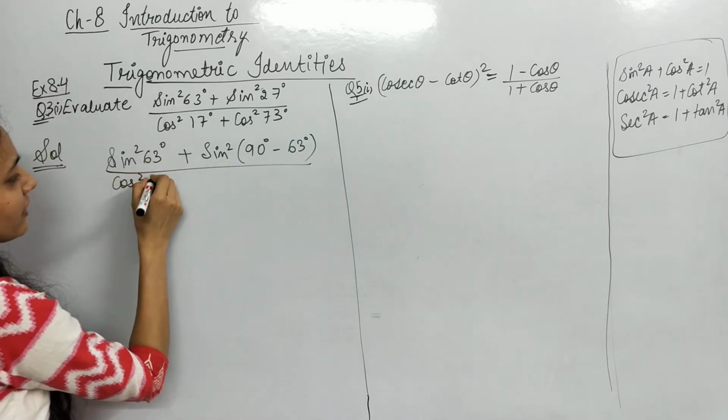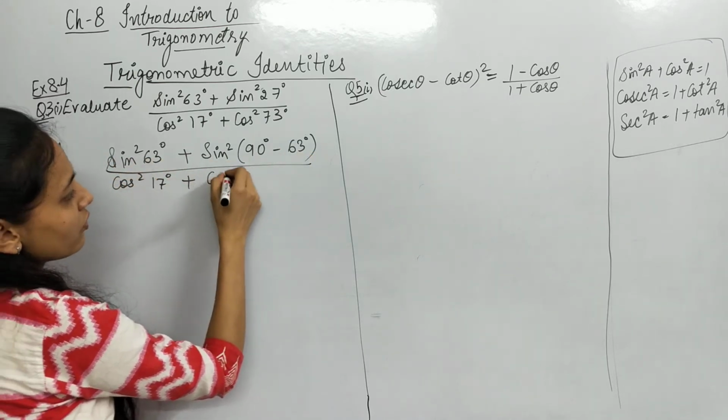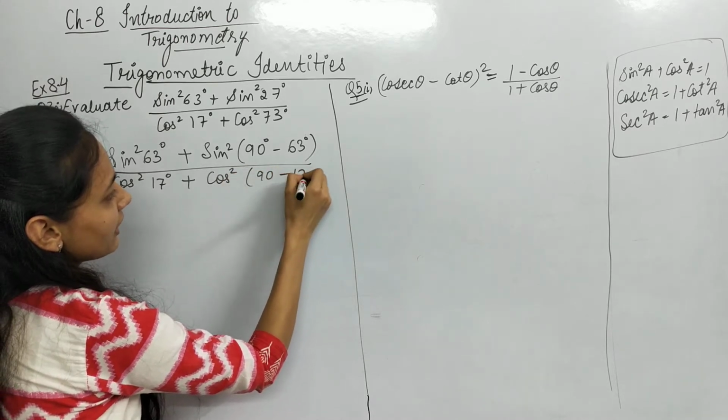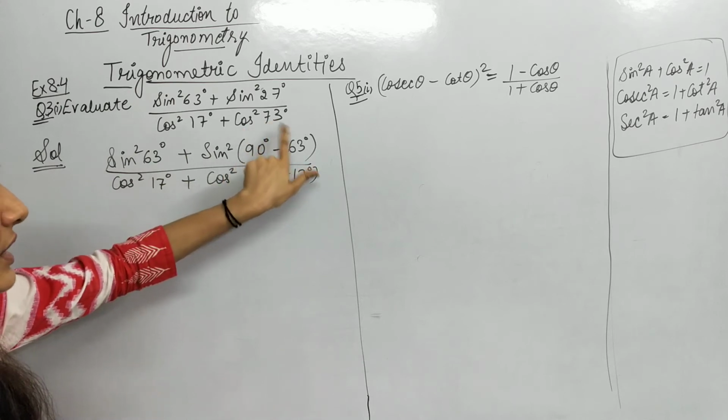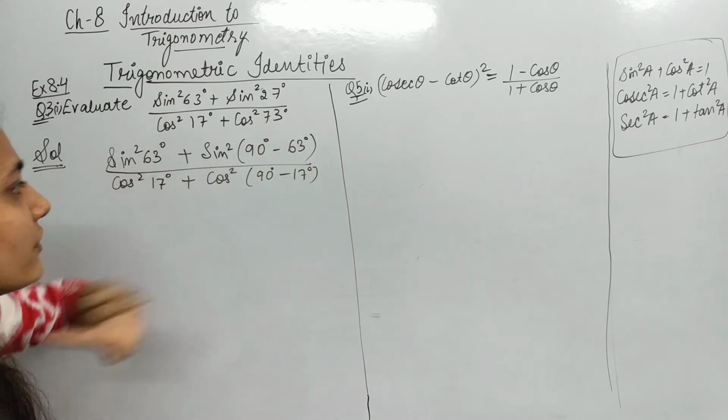Denominator: cos square 17 degree plus cos square 90 minus 17 degree. 90 minus 17 degree gives you cos square 73 degree. 90 minus 17 gives you 73.